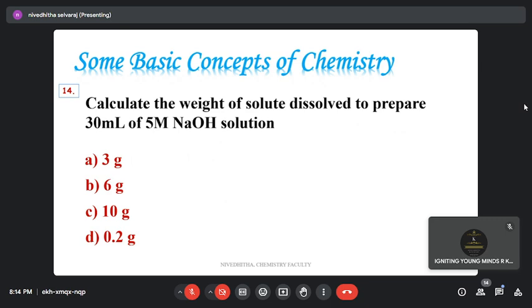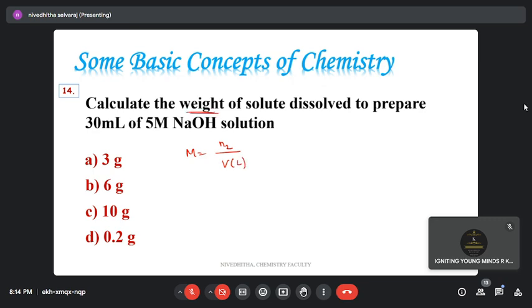The same formula, but we have to calculate weight of the solute. So what is the formula? Molarity is equal to number of moles of solute divided by volume of the solution in liters.